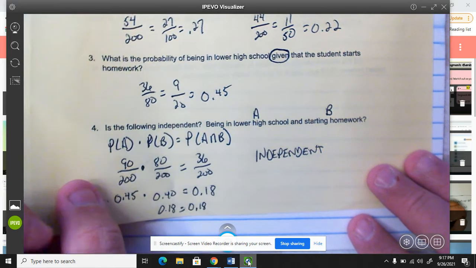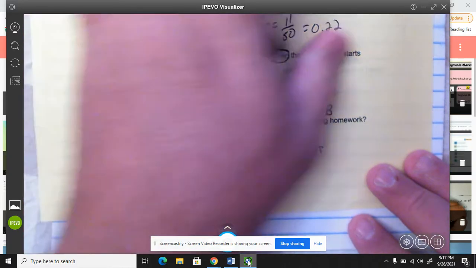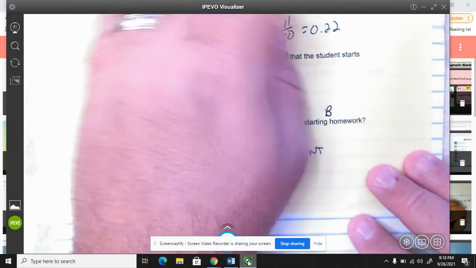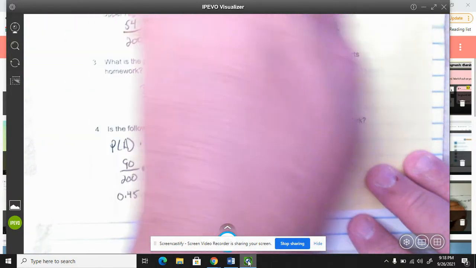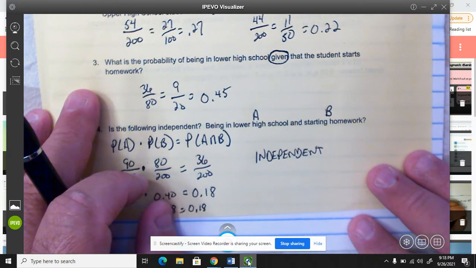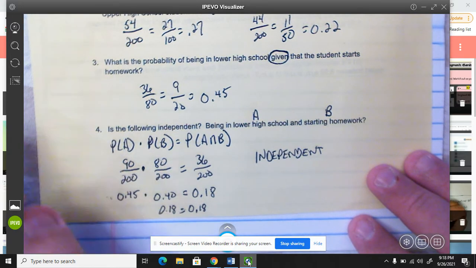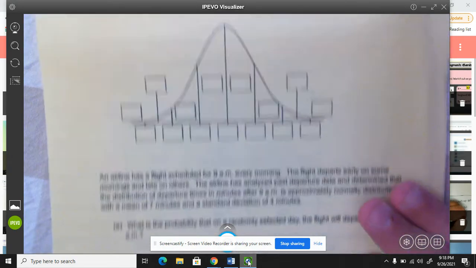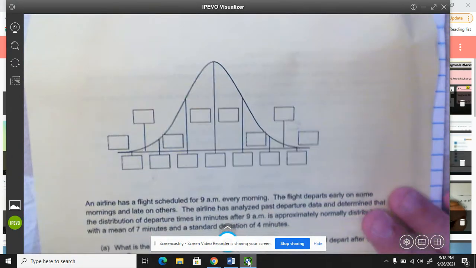All right. So those were pulling out data. We found probability. We analyzed data from a categorical data set, and we looked at relative frequencies, conditional. We looked at a lot of different things. Now, this right here.